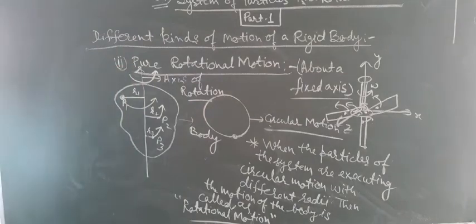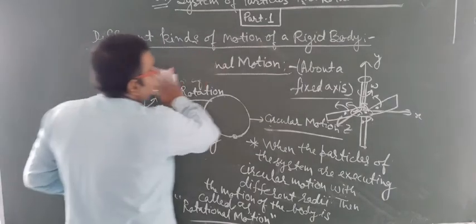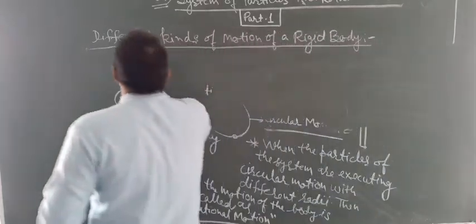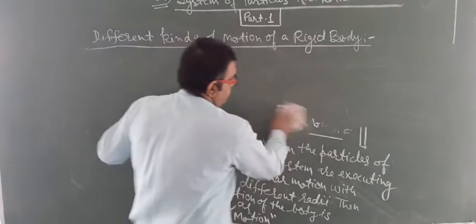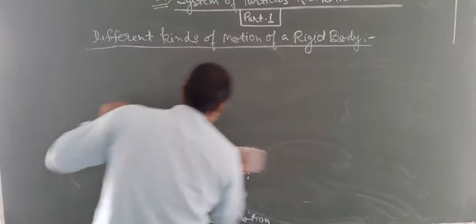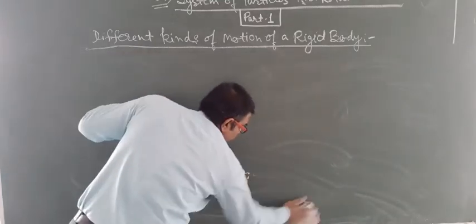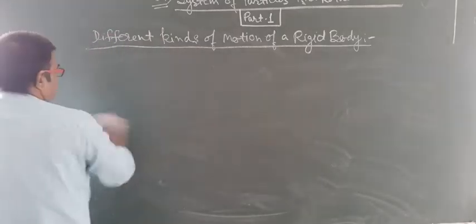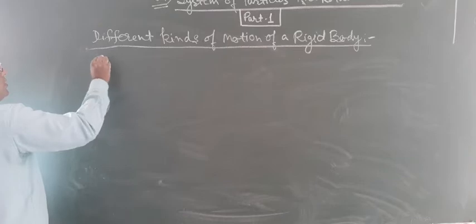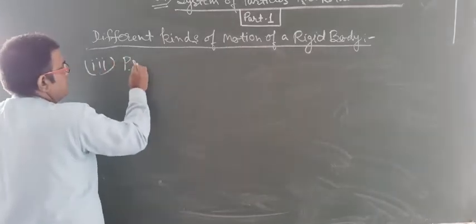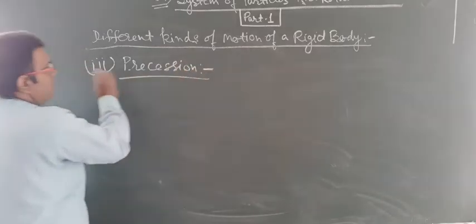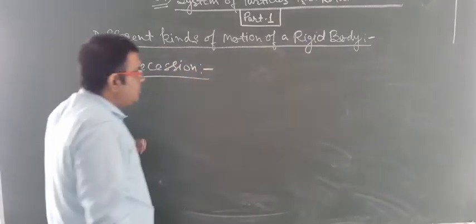The third type of motion is precession. You have observed the motion of the top.